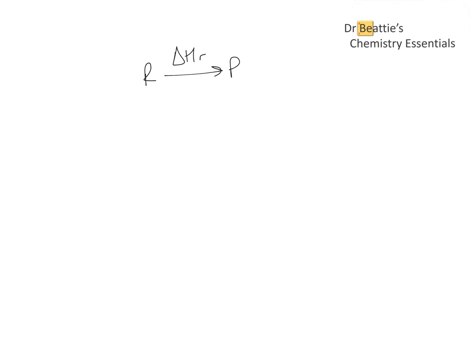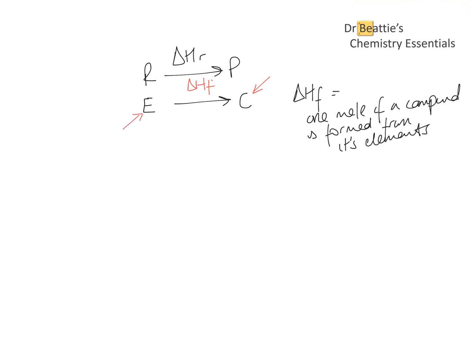Now if we change those reactants to be specifically elements, which I'm going to use as E, and those products always being something that is a compound, so more than one type of element, then we give this a specific designation, and this designation is delta HF, which is the enthalpy change of formation, and it's the formation of our compound, which we're just calling C for this, from elements E. And this leads into the definition for delta H formation, or the standard enthalpy change of formation.